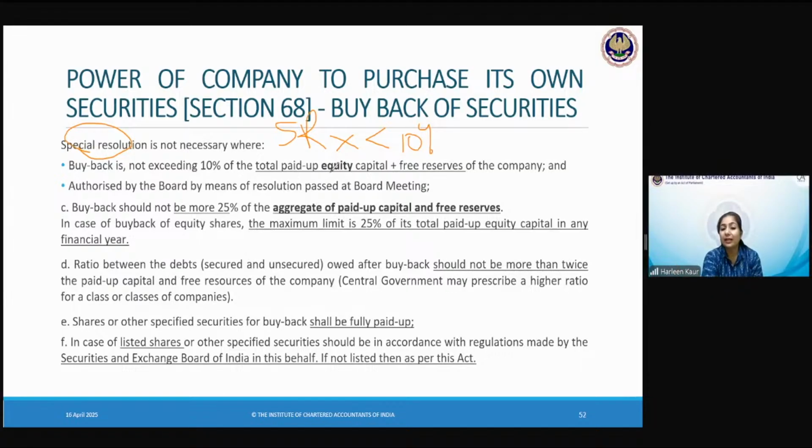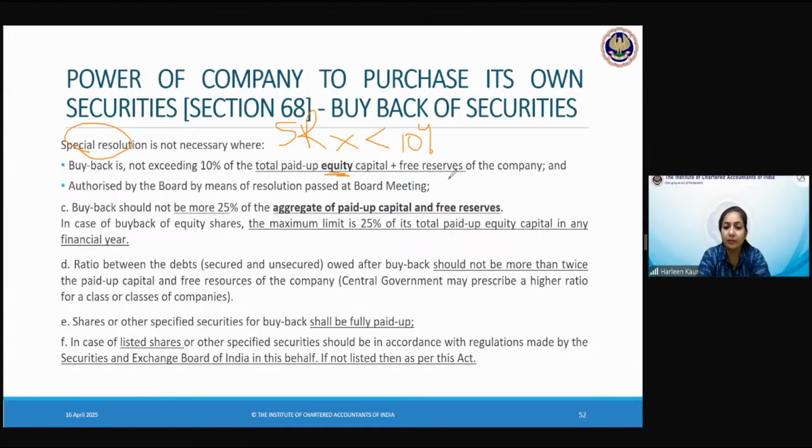Now, the word that I have used here is total paid up equity capital. So if my total paid up equity capital is 100 crores and I'm doing the buyback of less than 10% of this plus the free reserves.